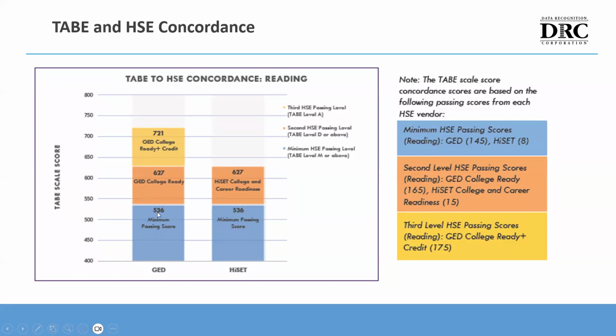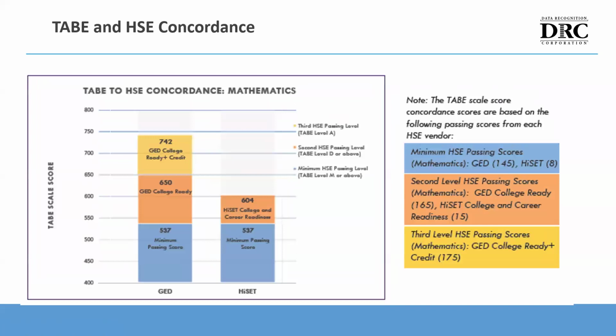It's somewhere in between. As we see with John in the case of the workforce portal, we want to be above the minimum. We don't want to get C's and D's in high school. We want to be C's and B's maybe to have a better chance at success at the careers that we want to go into. So looking at reading is that 536, math 537.